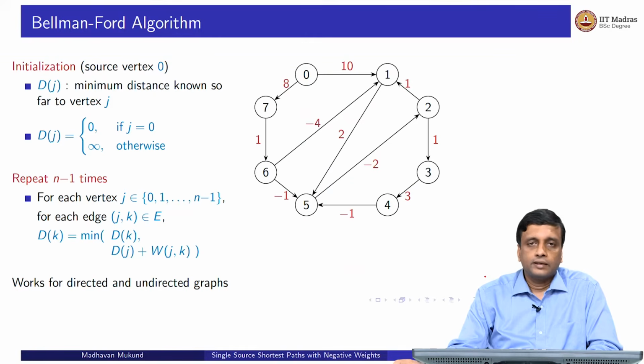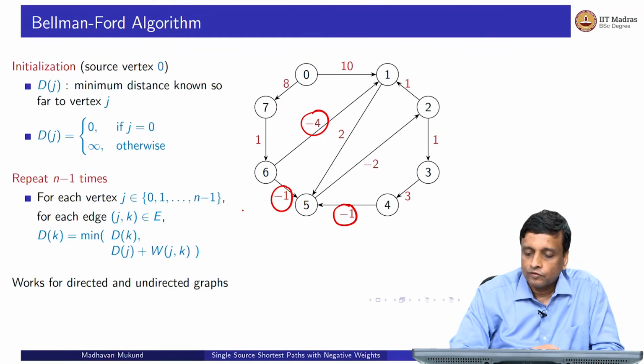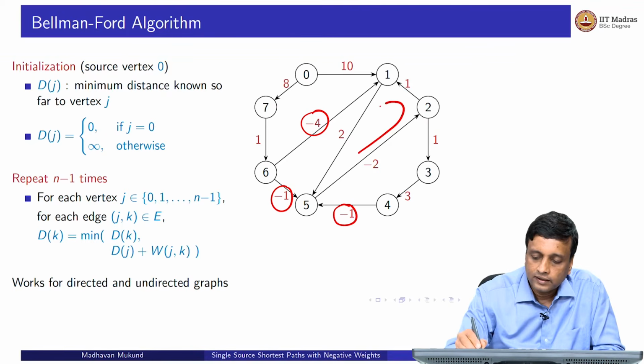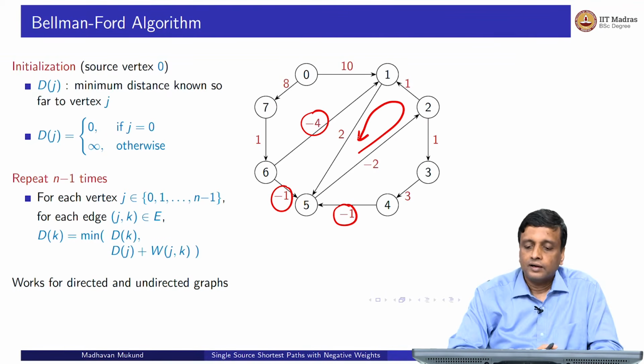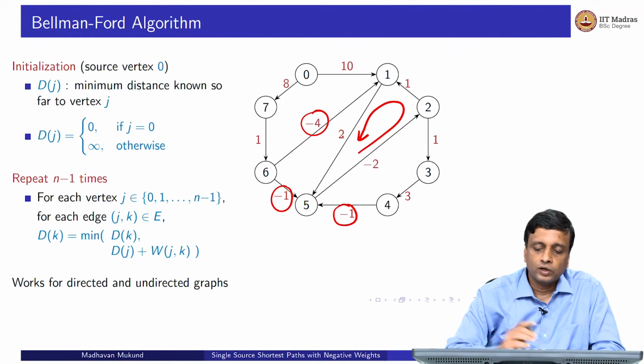So, here is an example of a graph which has negative weights. So, you have these -4 and -1 and so on, but there are no negative cycles. So, for instance, if you go around this, there is a cycle, right, but along this cycle you have -2 plus 1 plus 2. So, the total of this cycle is +1, right. In the same way you can look at other cycles.